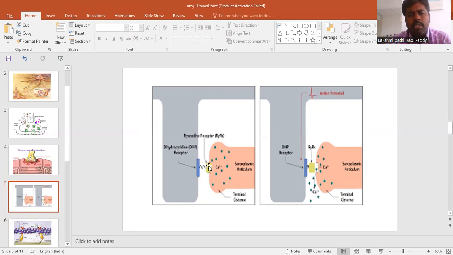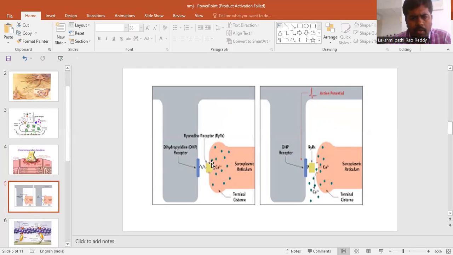These dihydropyridine receptors activate the ryanodine receptors present in the sarcoplasmic reticulum, and once the DHP receptors are activated, these ryanodine receptors are pulled apart, in which the calcium is stored abundantly.